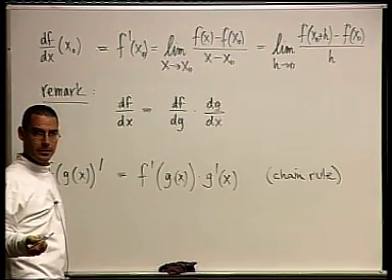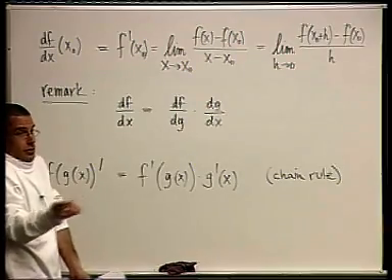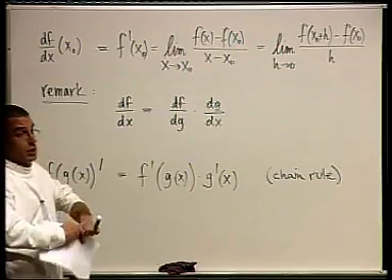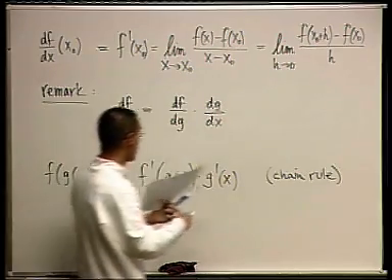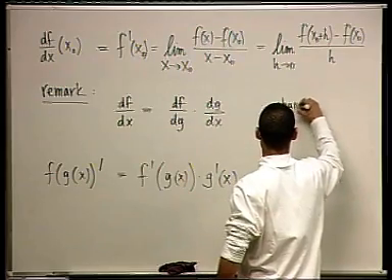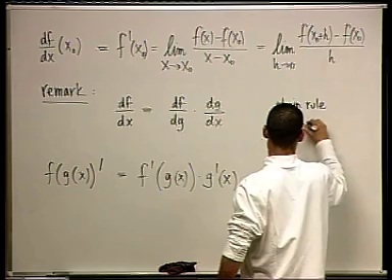Do you agree? Again, seems like just true, but it's not a proof. It's just good notation. So that's a remark. So remark, this is the chain rule in Leibniz notation.